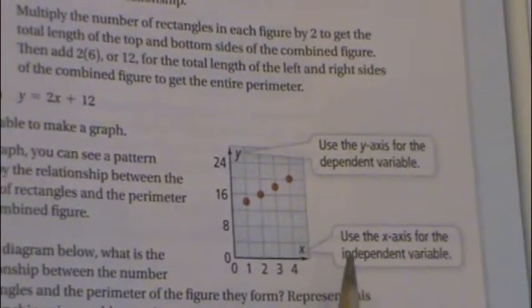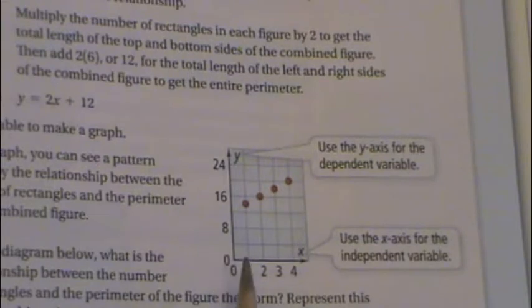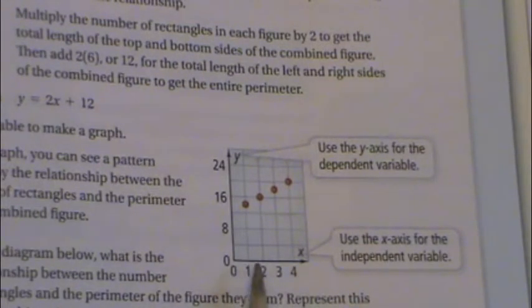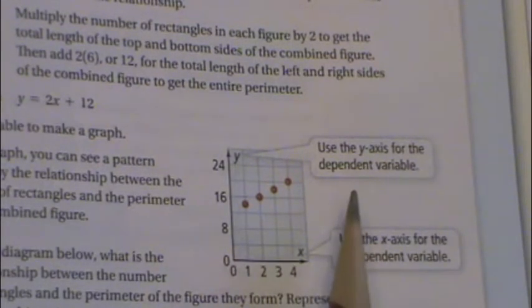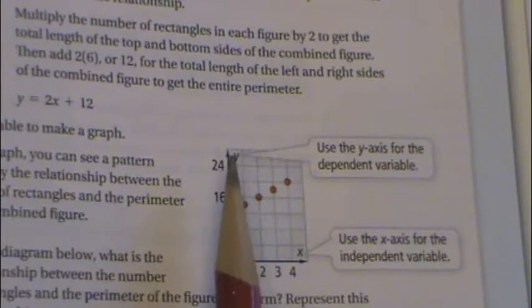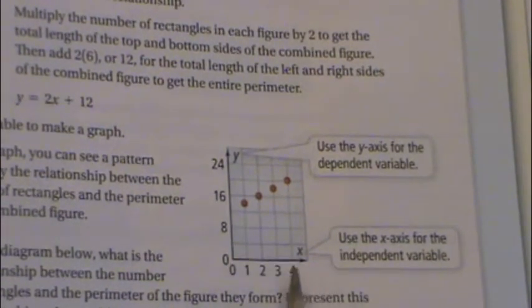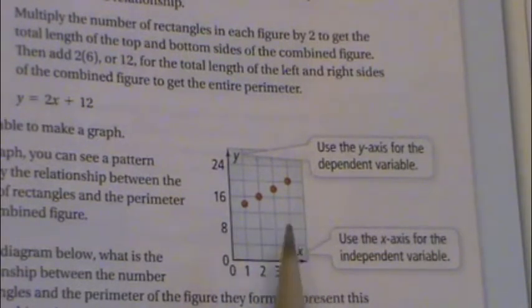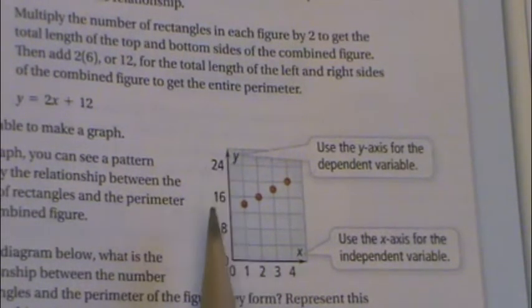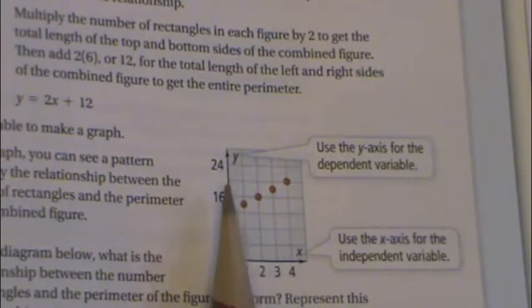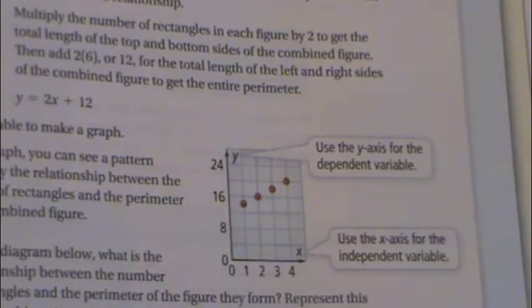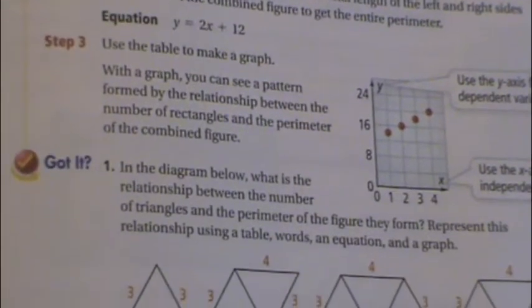As we started to talk about in the last chapter, x-axis for the independent variable, the one that moves steadily, y-axis for the dependent variable. Remember the last graph you did, I said use x-axis for time because time moves steadily, and because the height of the rocket flight depended on time, use the y-axis for height.